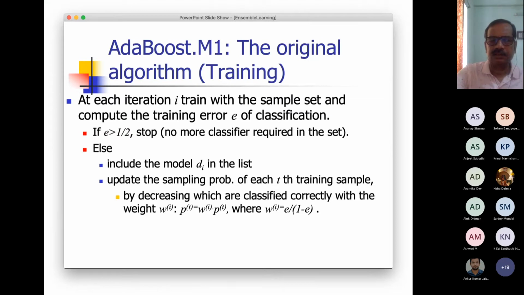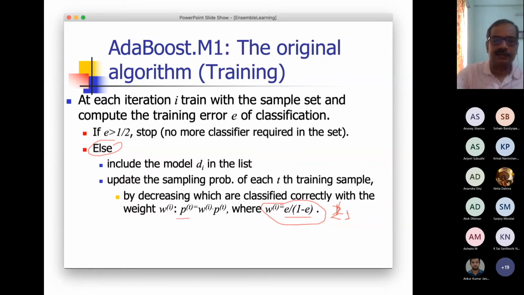Please note there is a confusion in my description; let me point it out. Since E is less than half, this factor should be less than 1.